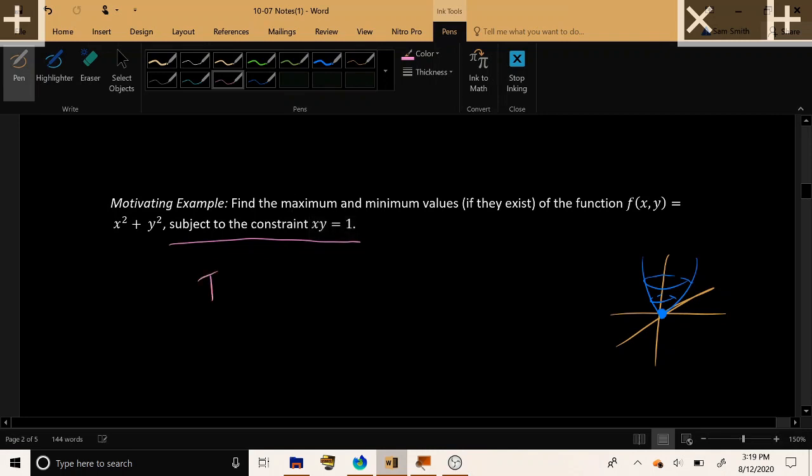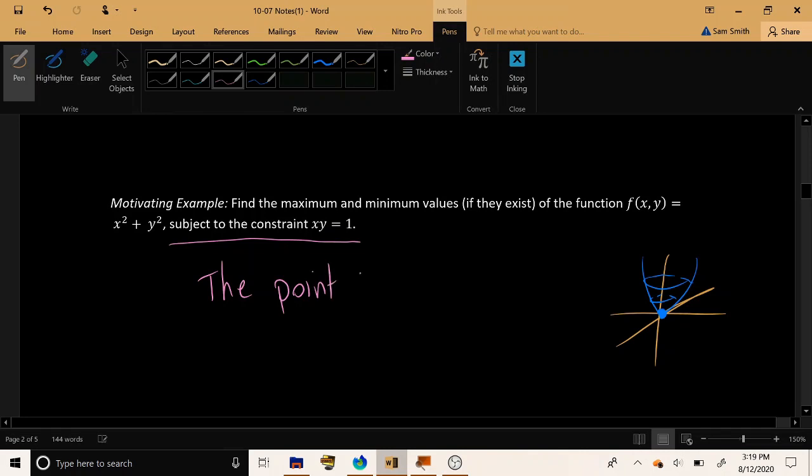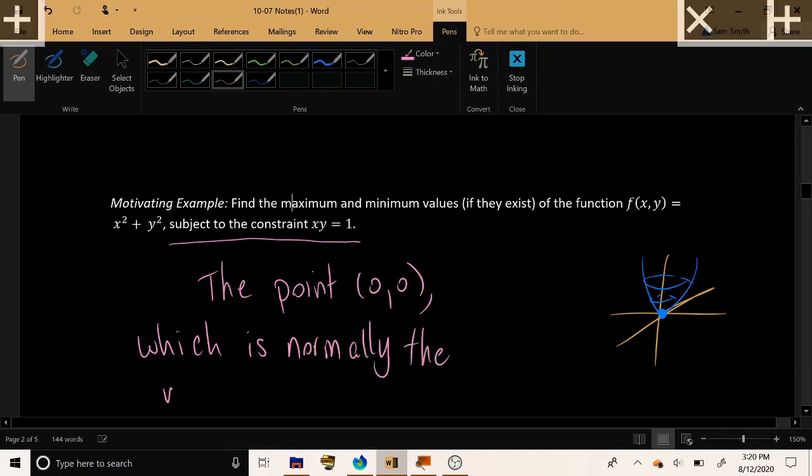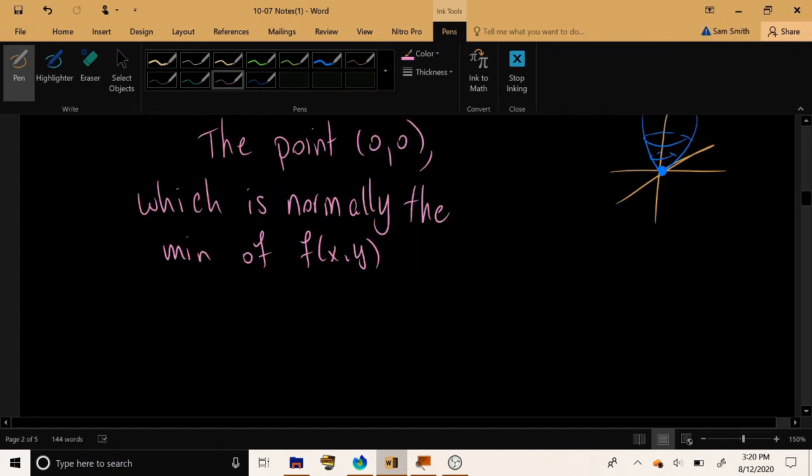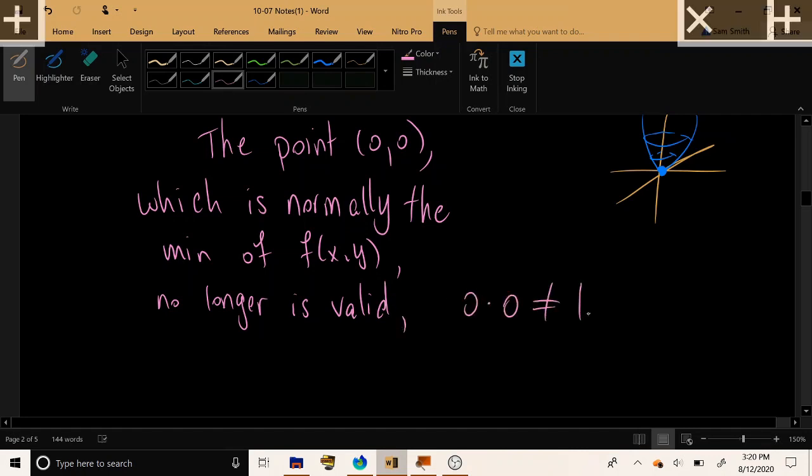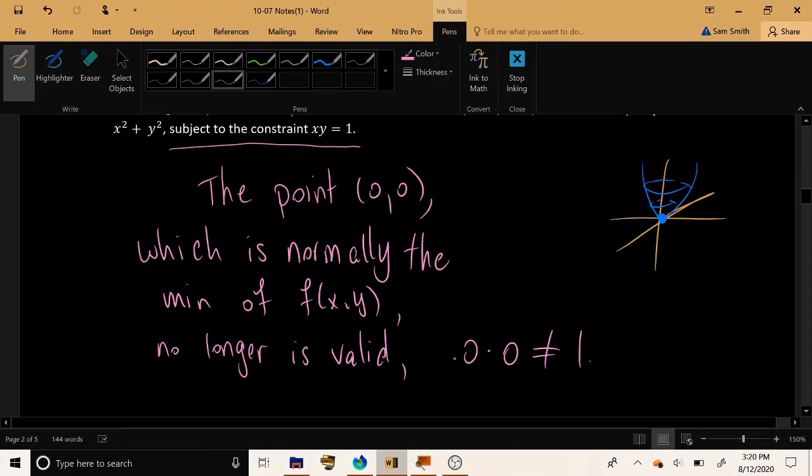So that means the point 0, 0, which is normally the absolute minimum of f of x, y, no longer counts because it doesn't satisfy the constraint equation. So the question is, among all the points x, y which do satisfy the constraint, which one will give us the highest value from f of x, y, and which one will give us the lowest value?